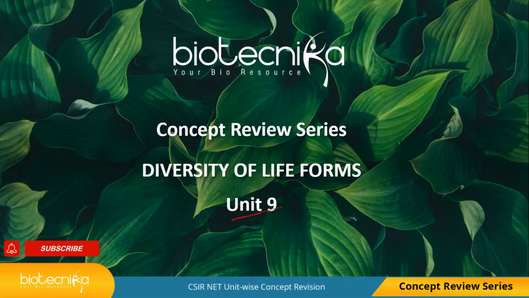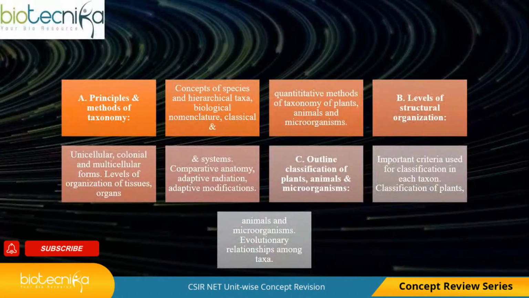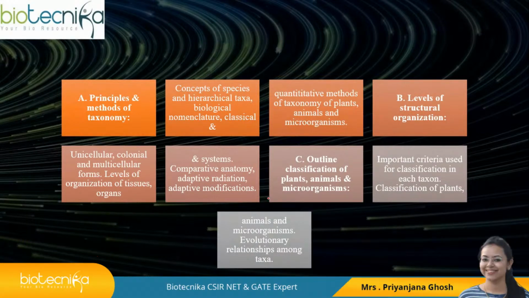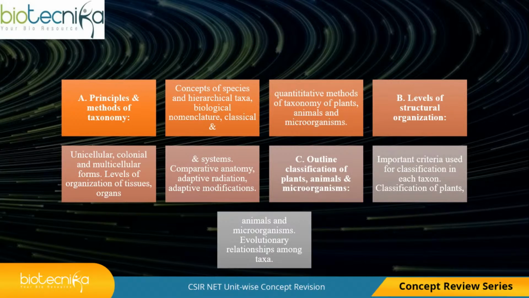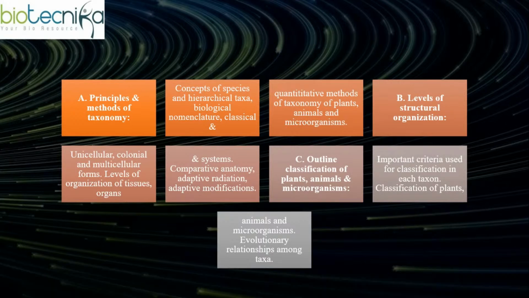But before we jump into cladistics and phonetics, I would like to give you an overview of the syllabus of Unit 9 and what all has to be covered. I know it's quite a big unit, but we have to do smart study.